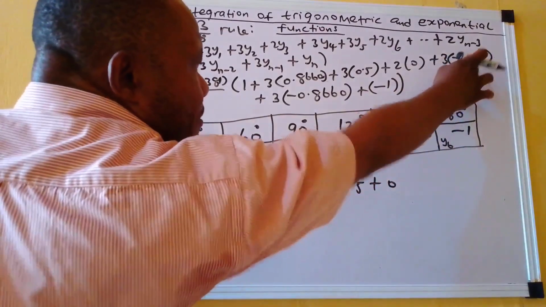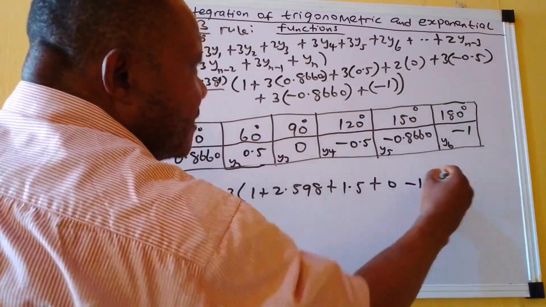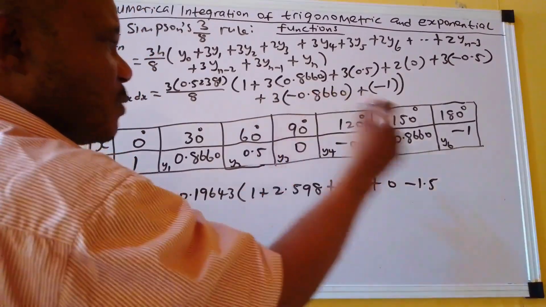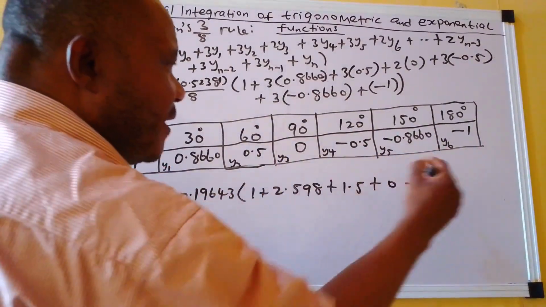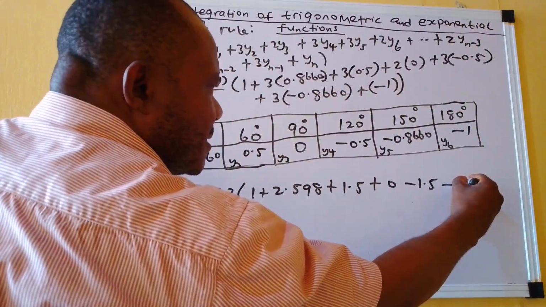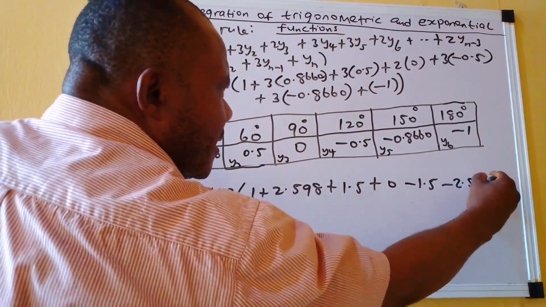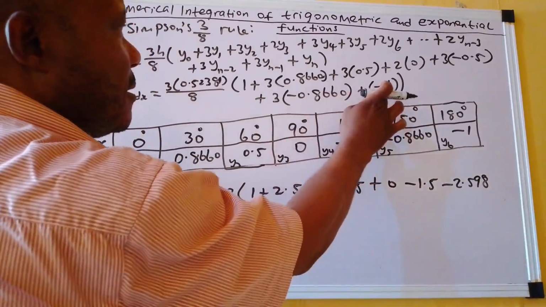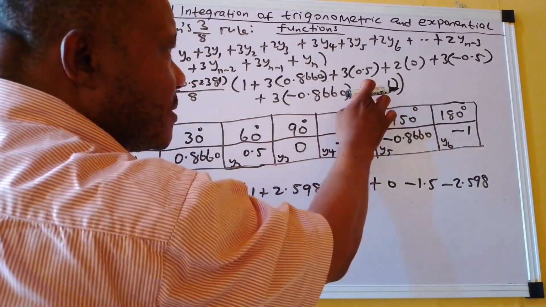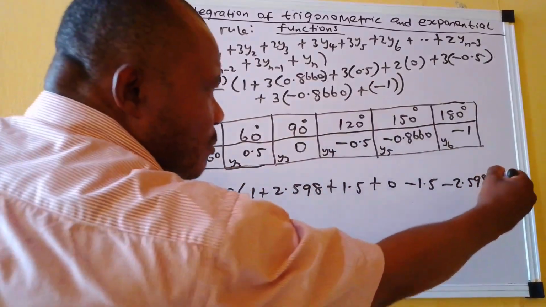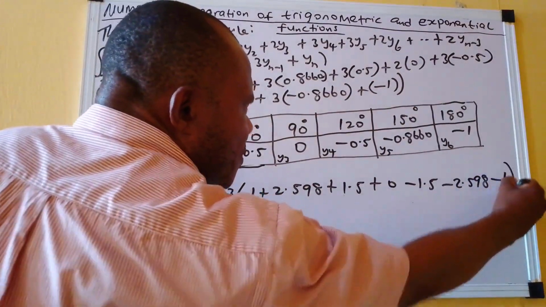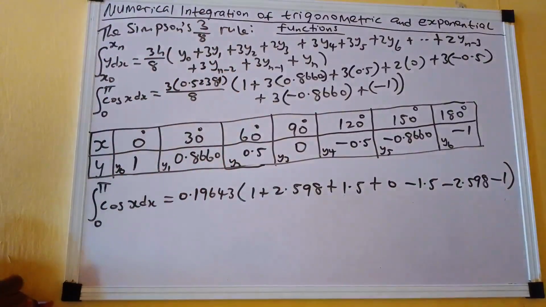Then 3 times minus 0.5 will be minus 1.5. Then 3 times minus 0.8660 will be minus 2.598. Then minus 1 times plus it will be minus 1. So you close the bracket.